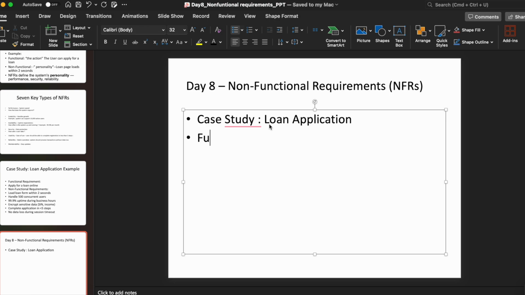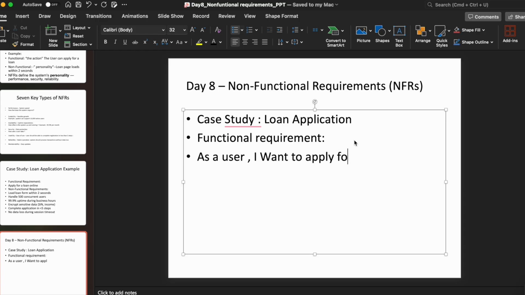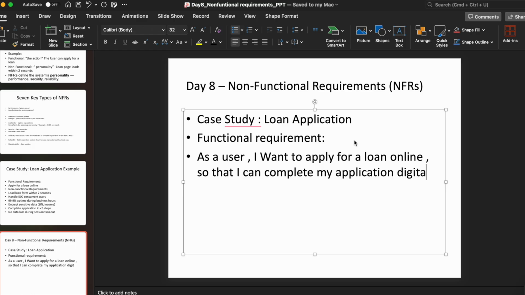Remember, if you remember our functional requirement, as a user, just to remind you, I want to apply for a loan online so that I can complete my application digitally. Okay, so this is our requirement.